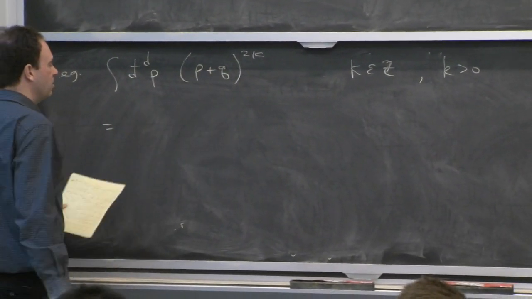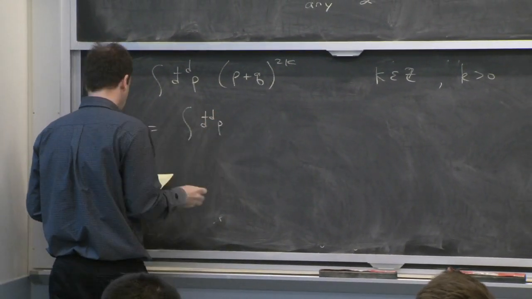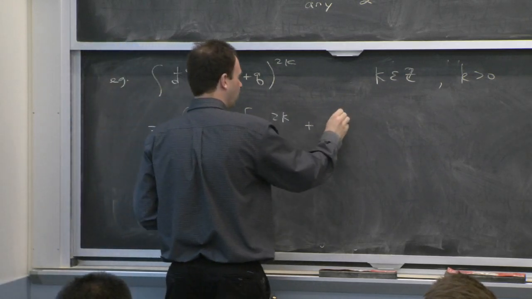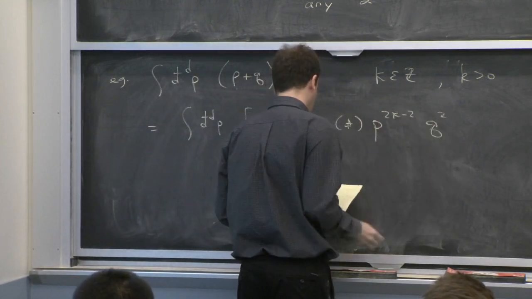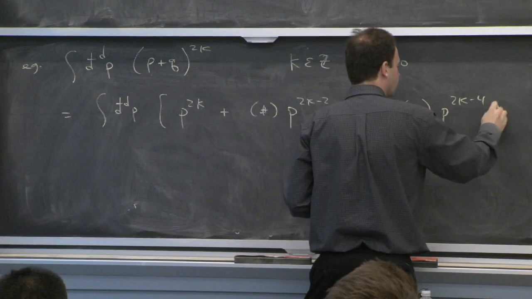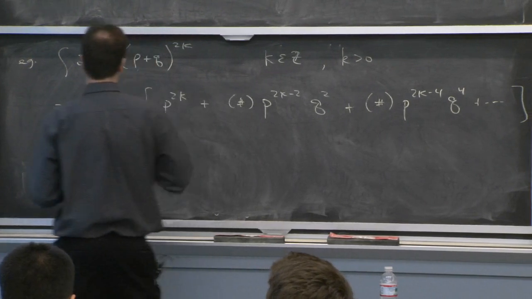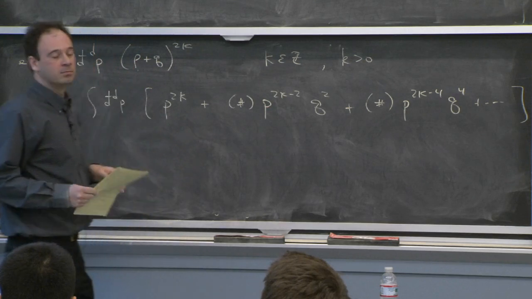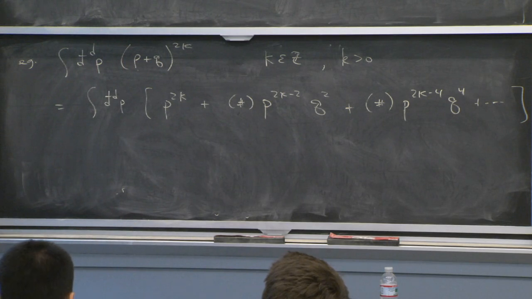If I just expand out this p plus q squared to the k, the first term is p to the 2k, then I get some coefficient times p to the 2k minus 2 q squared, some coefficient times p to the 2k minus 4 q to the 4th, etc. In general, there are p dot q terms as well, but I could do an angular average and combine those together with these terms. That's why I'm not being very explicit about what the coefficients are, but they're some positive numbers.